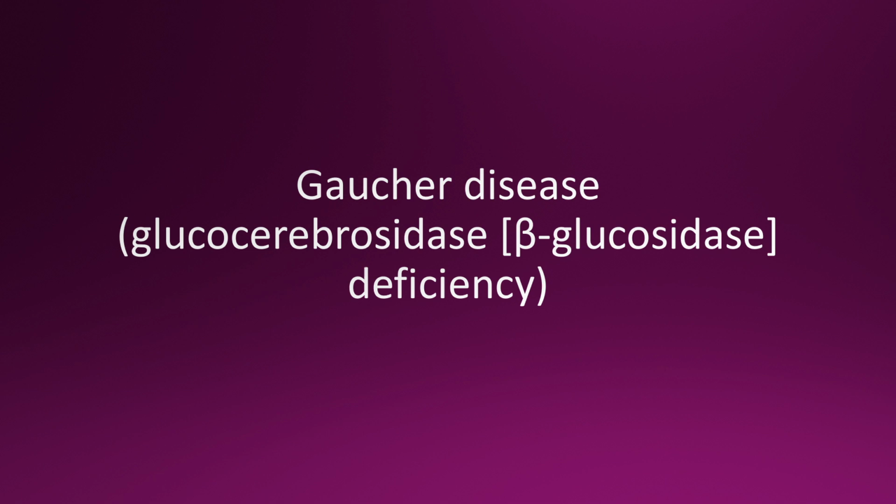In fact, it is the most common lysosomal storage disease. And in this, we have a deficiency of the enzyme glucocerebrosidase, also known as beta-glucosidase, that results in the accumulation of the previous product known as glucocerebroside, and this is an autosomal recessive disease.